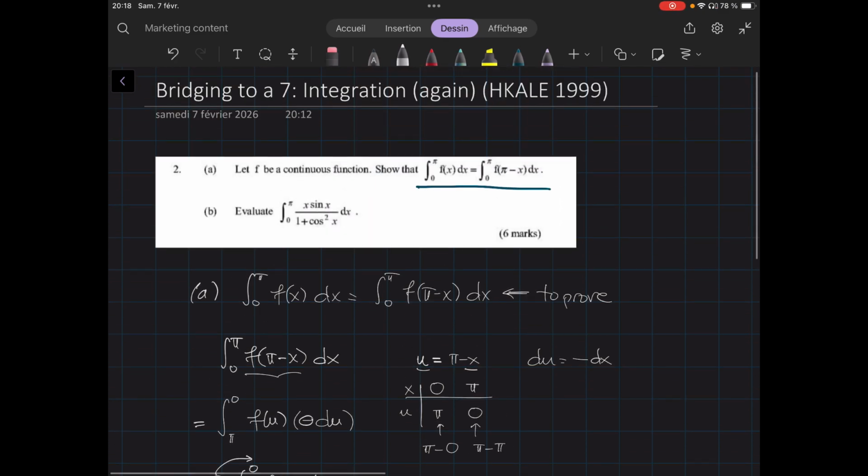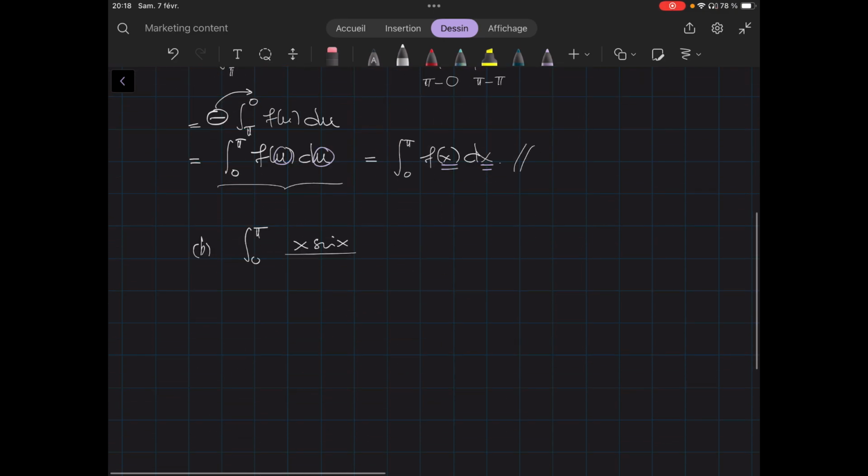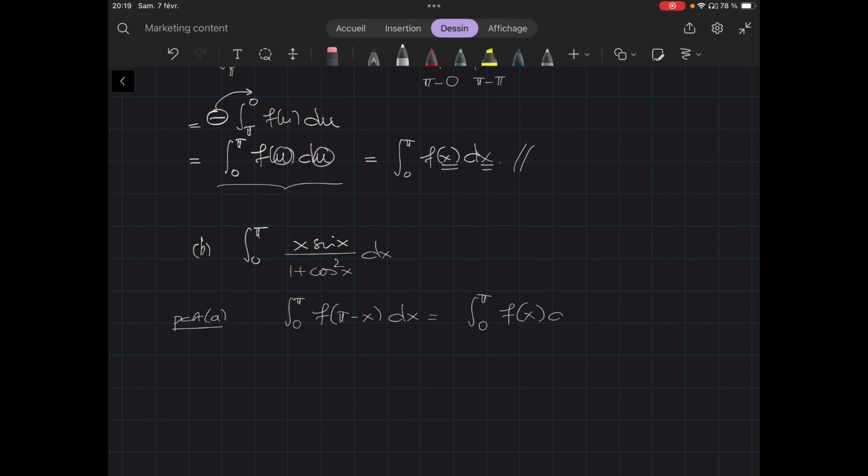Part B. We would now like to use this result to find the integral. Okay, so from part A, we proved that the integral from 0 to pi of f(pi minus x) dx is equal to the integral from 0 to pi of f(x) dx.